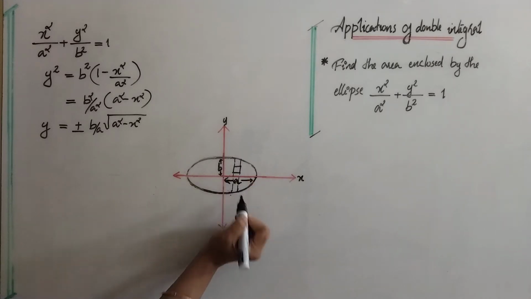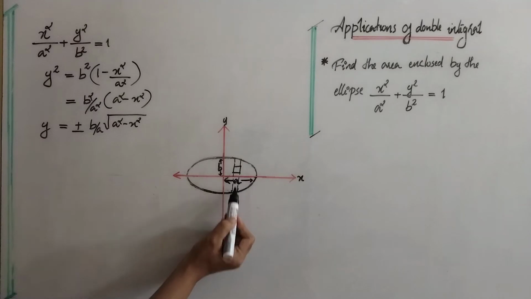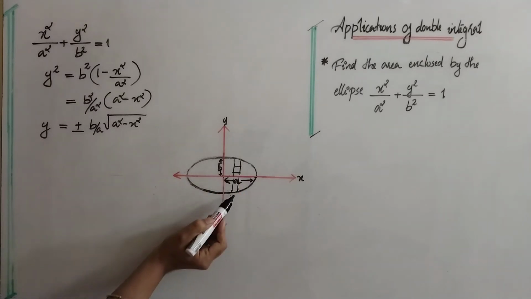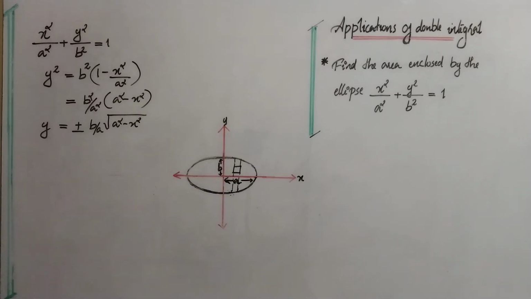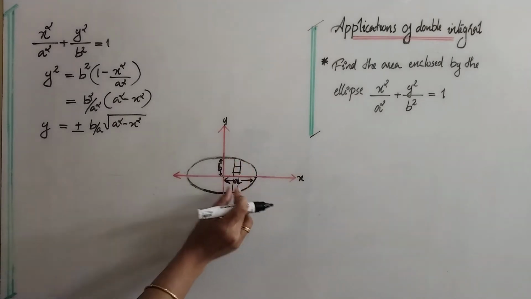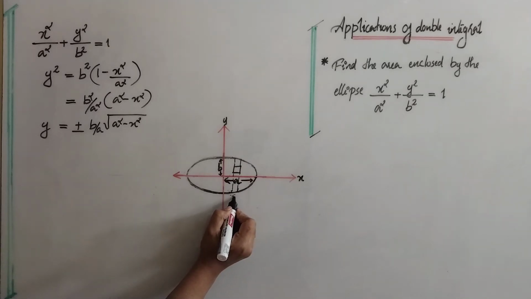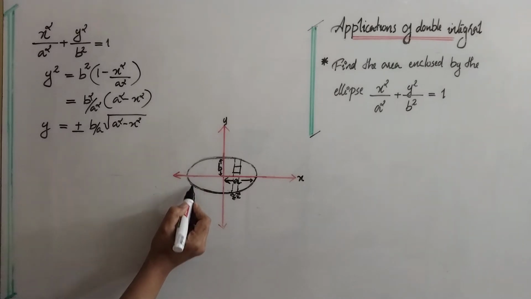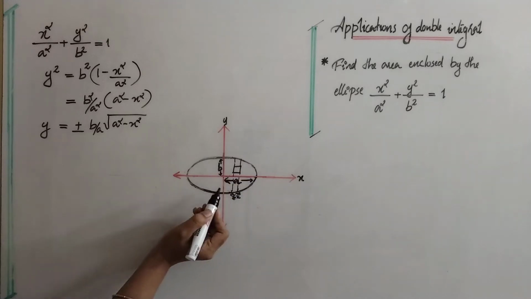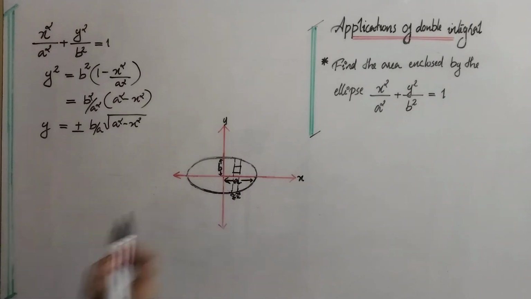Here I am considering a vertical strip, and this element is moved along this vertical strip from minus b by a root of a square minus x square to plus b by a root of a square minus x square, which represents the area of the vertical strip. Assume the thickness of this strip is delta x, and adding up all such strips from x is equal to minus a to plus a, we get the required area.